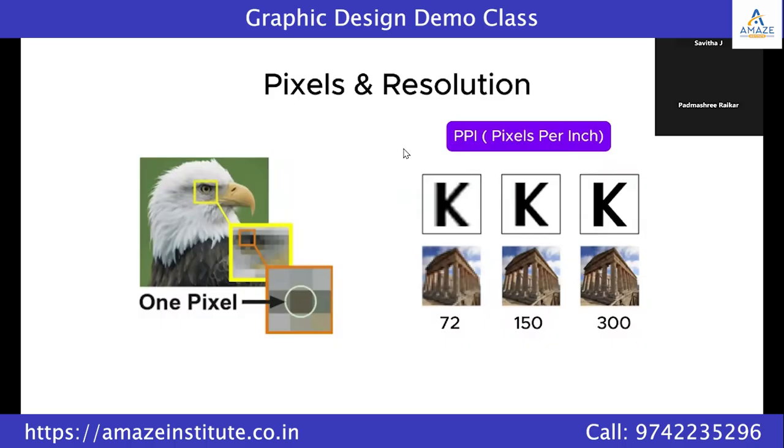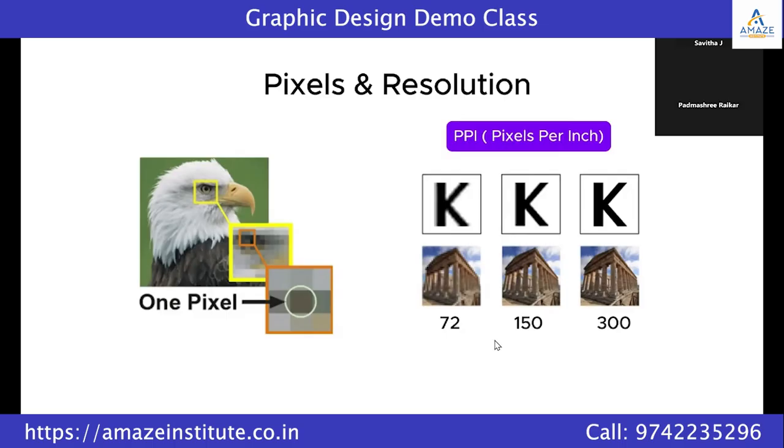The resolution will be good in Illustrator while you keep zooming, whatever images or footage you're using. But in Photoshop, if you add any shapes or images and keep on zooming, the resolution won't stay 100%. Some blurriness will be there.